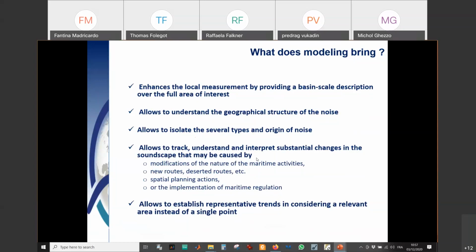You can isolate several types of noise and origins of noise, as I illustrated, for example, with the natural noise on one side and the shipping noise on the other side, and then you can calculate the difference between the two to see the contribution of one noise above the other one. It can also be, if you have a construction somewhere, you could compare how much the construction work is going to add to the existing noise.